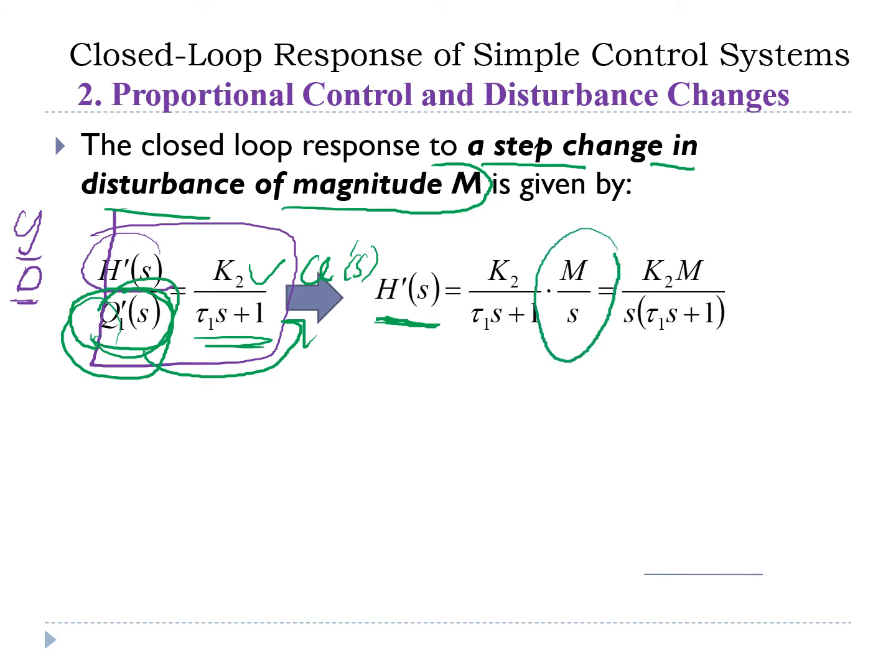This is how you indicate a step change in disturbance with magnitude m. So the transfer function becomes K2 m over s times tau 1 s plus 1. Now from this, you can calculate the final value.